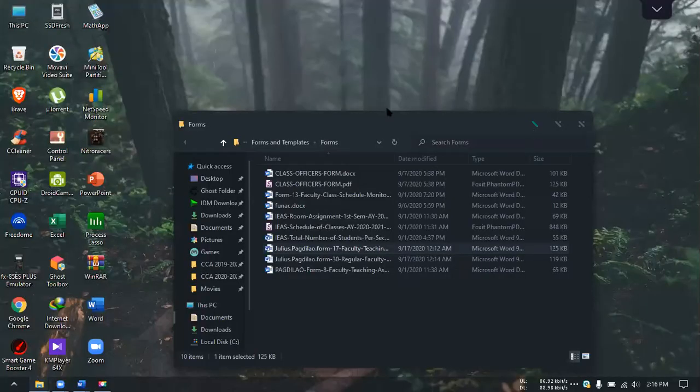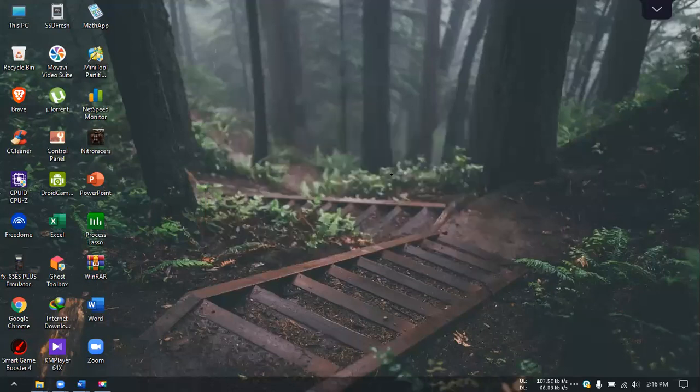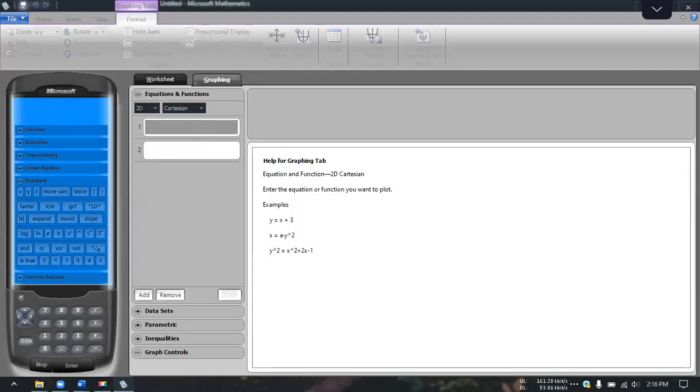Are you seeing this interface or this program? The Microsoft Mathematics. One good software to graph a function is Microsoft Mathematics. It is a free source, and you may download it in the official website of Microsoft.